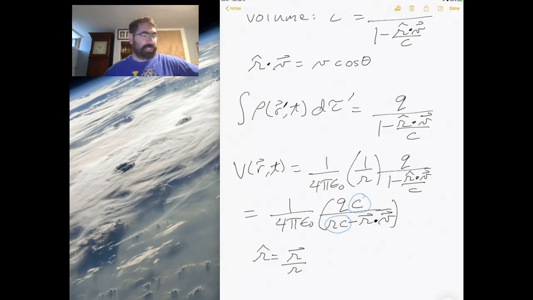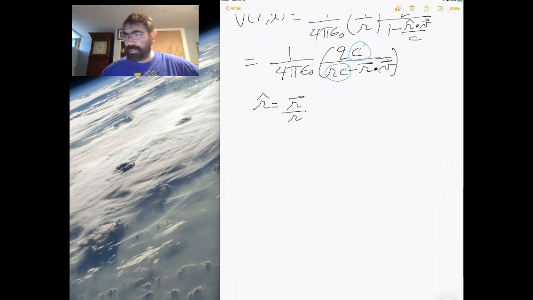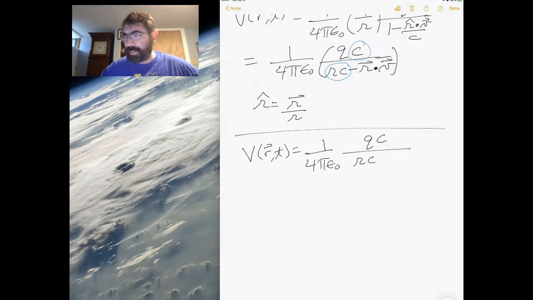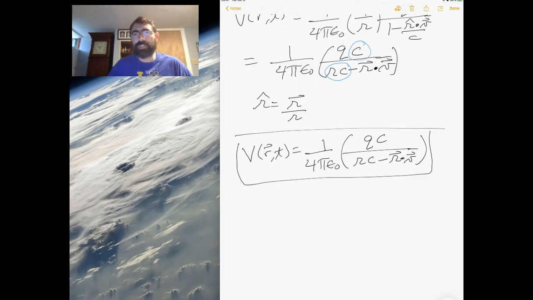So that is kind of interesting. Let me rewrite it so I don't have all the circles in there. So my electric potential now at some position r in time t is 1 over 4 pi epsilon naught q times c over rc minus r dot v. That's kind of interesting because it looks like a Coulomb's law potential, and it would be if r dot v goes to 0, then we would get Coulomb's law.